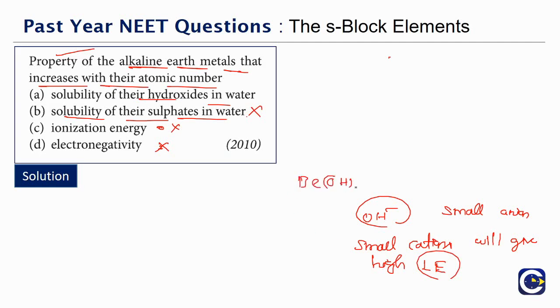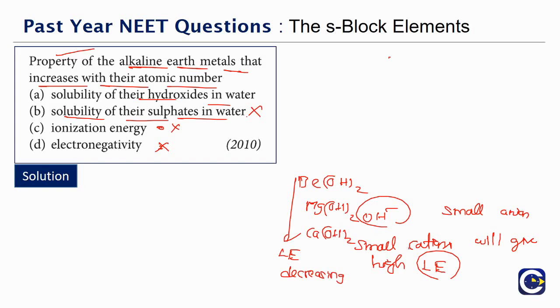So if you look at beryllium hydroxide, then magnesium hydroxide, then calcium hydroxide, as you go down the group, what is going to happen? The lattice energy will be decreasing. In case of sulfates, what we have seen, the lattice energy will be increasing, but in this case it will be decreasing. Why is it decreasing? Because the hydroxide ion is a small anion.